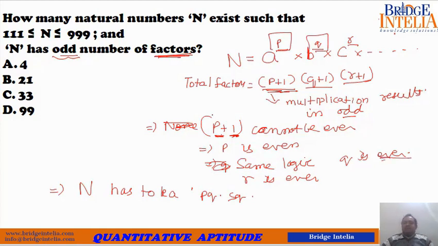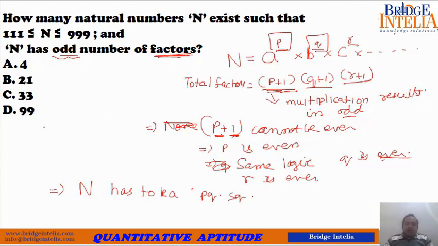Even powers make it a perfect square. So the meaning of the question is the same: N is a perfect square. Instead of telling you straight away, the question says N has odd factors. These are roundabout ways of telling you N is a perfect square.